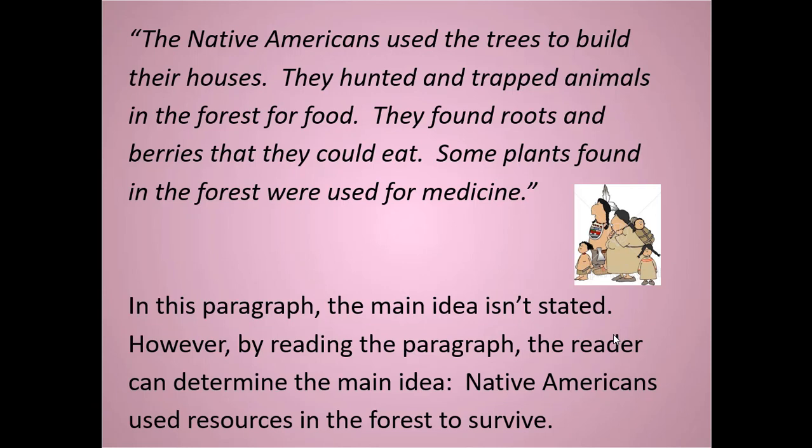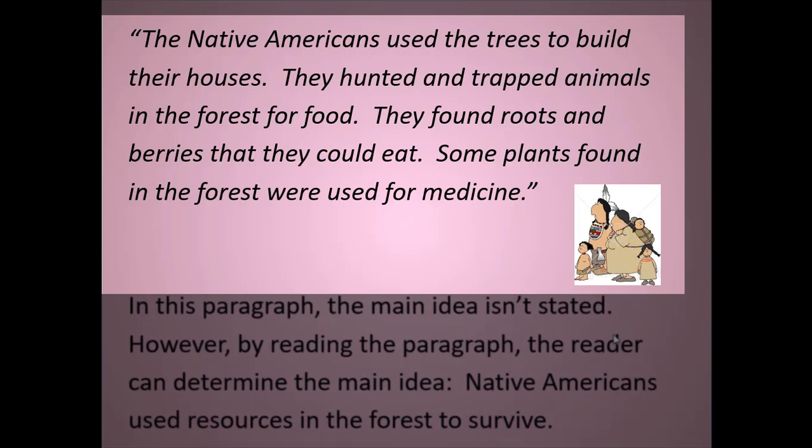Okay, I'll read that for you. The Native Americans used the trees to build their houses. They hunted and trapped animals in the forest for food. They found roots and berries that they could eat. Some plants found in the forest were used for medicine.